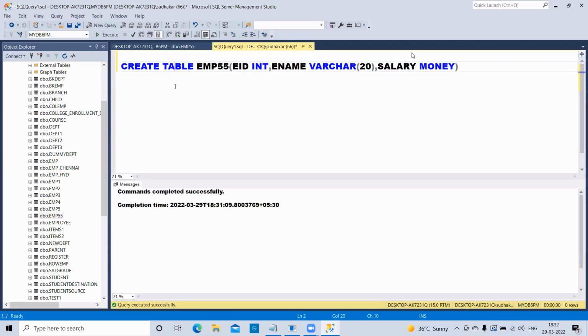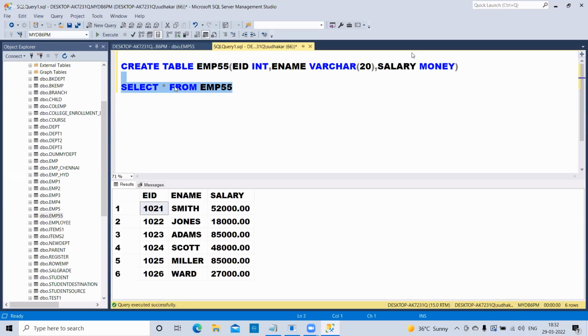Now, based on the information in this table, I need to find out the first highest salary employee details. So how am I going to write the query?